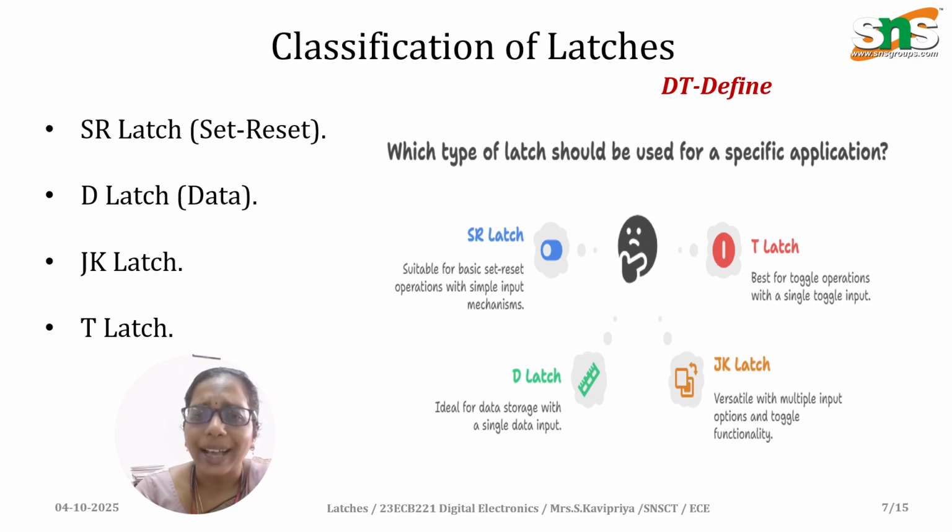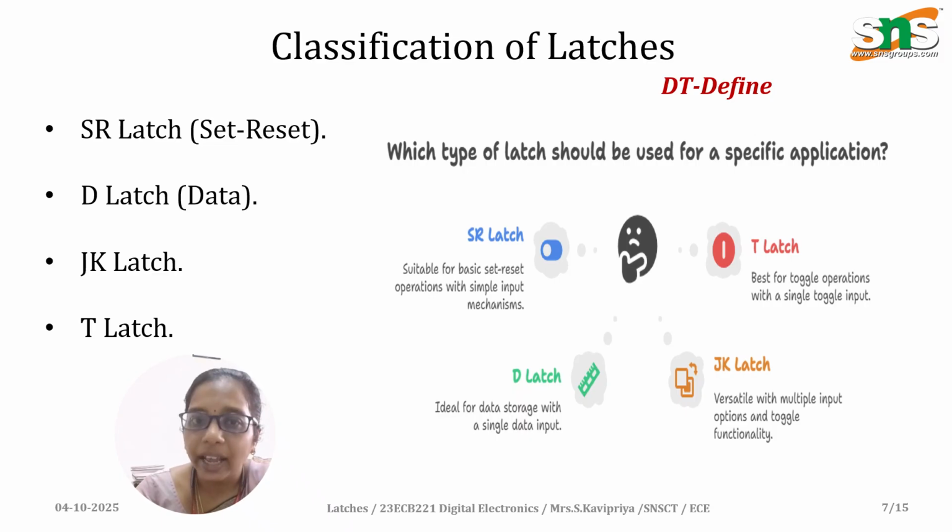And next is the classification of latches. Latches are classified into four categories: SR, D, T and JK. SR is the set reset latch, which is meant for basic applications, and the T latch is meant for toggle operations.